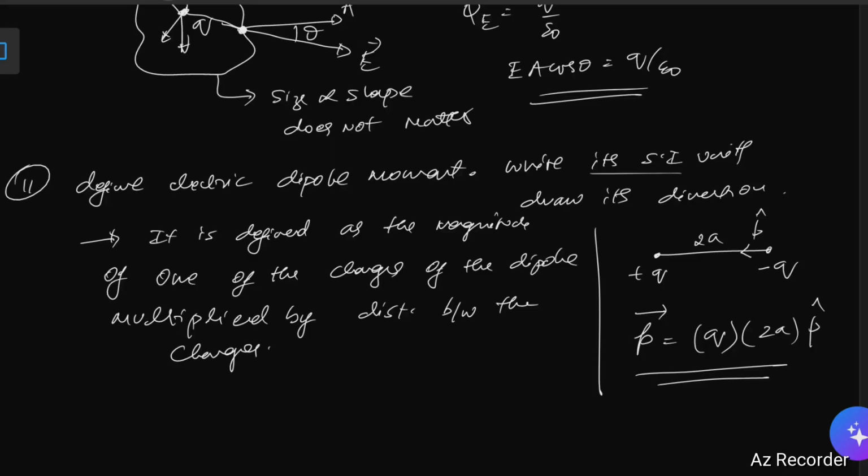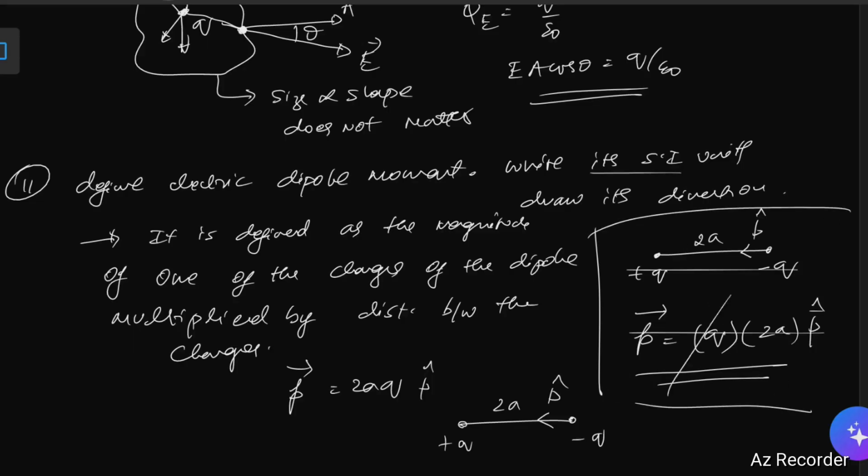After mentioning this, just write the formula as well. So 2aq p cap, and you can draw the diagram: plus q, minus q, 2a, and this is the direction of p cap. For this, you'll get 2 marks. So ignore this, this is for explanation only that I have done.